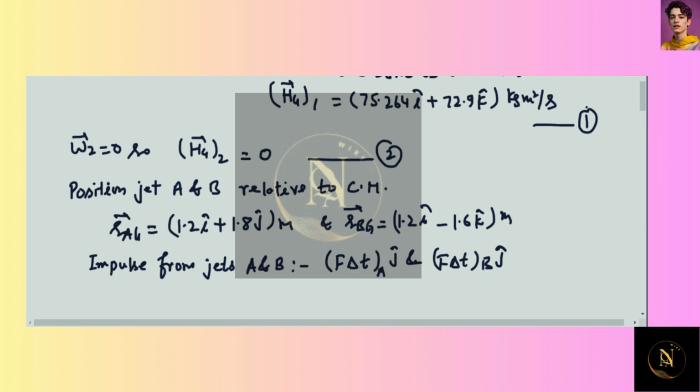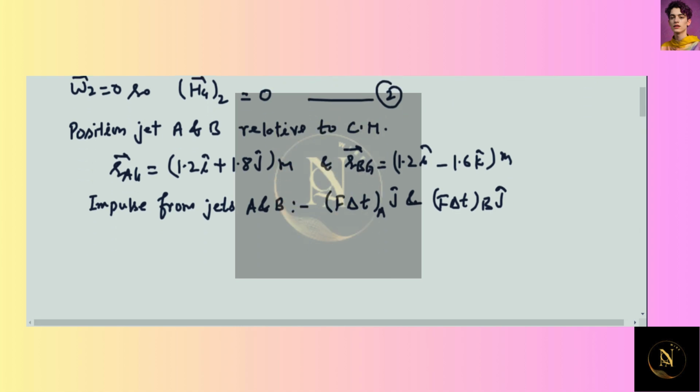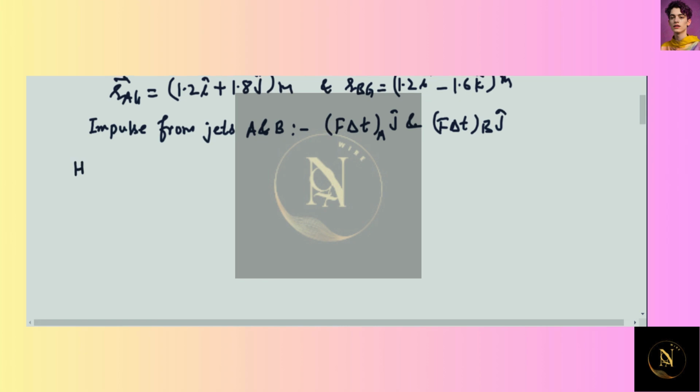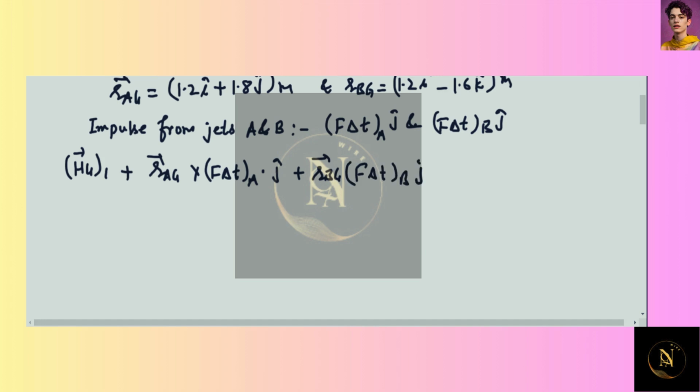Now applying the conservation of angular momentum, the angular impulse theorem, we can write Hg1 plus rAG cross F delta T A j cap plus rBG cross F delta T B j cap is equal to the final angular momentum. From equations 1, 2 and 3, substitute the values here.